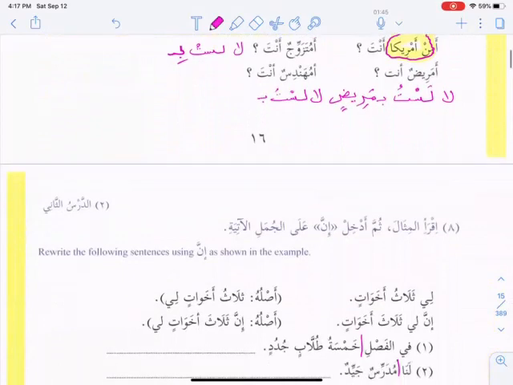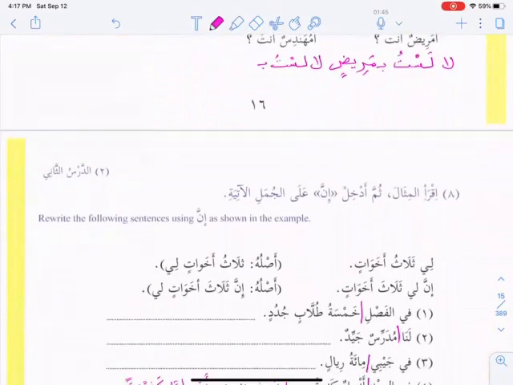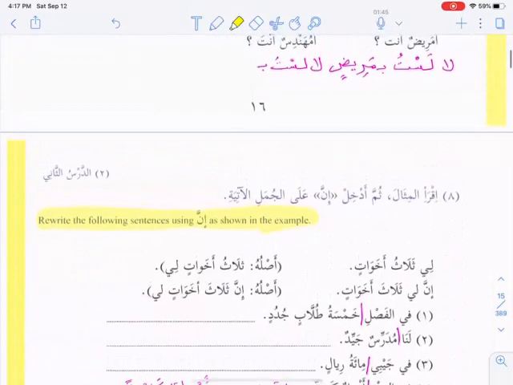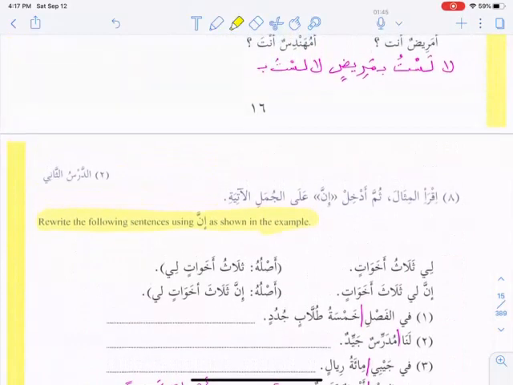Now, again, Dr. Abdurrahim wants us to practice. This will make you all very strong, my brothers and sisters. This is the last. See, li salasu akhwatin. I have 3 sisters.